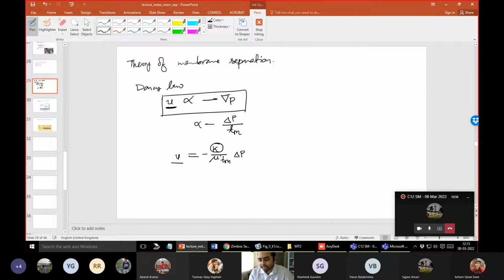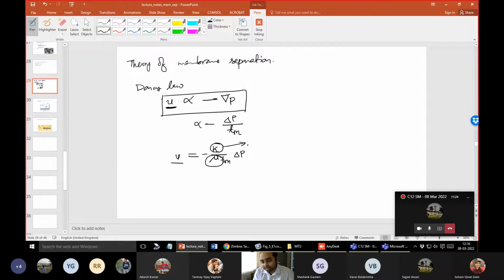This K is the permeability and mu is the viscosity of the liquid. Typically this permeability has different descriptions in different domains, in different fields. Civil engineers represent this in some different units. Geological people represent this permeability in a different way. Mechanical people write this in a different way. We chemical engineers also try to write this in different ways.